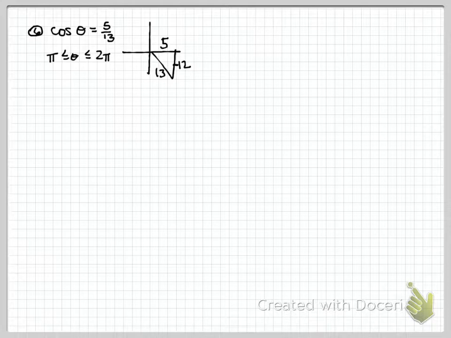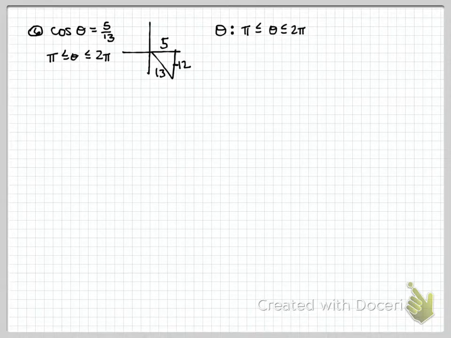Now, this is where we figure out whether our half angles are going to be positive or negative. So my theta has to be between pi and 2 pi.